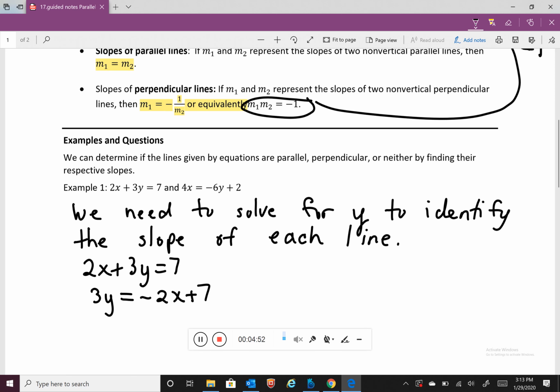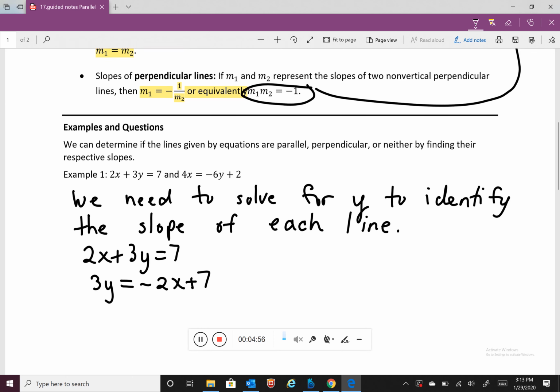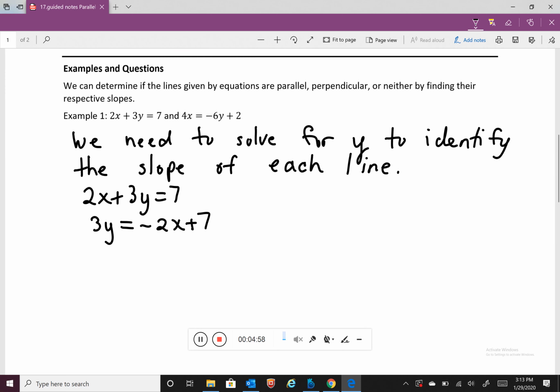Then in order to identify the slope, we need to get y alone, which means we're going to divide everything by 3. So y is equal to negative 2x divided by 3 plus 7 also divided by 3. In order to identify the slope, we need to identify the coefficient of our x term.